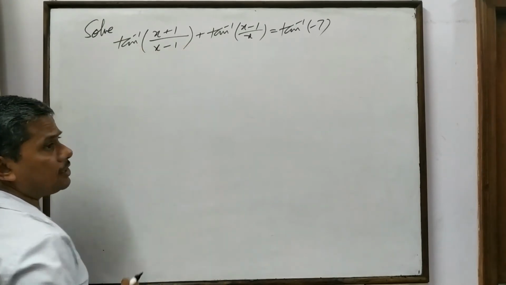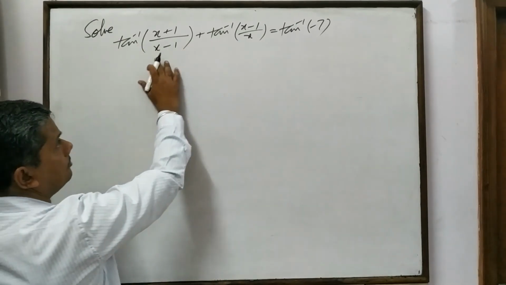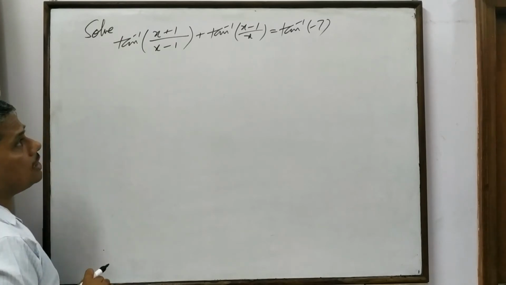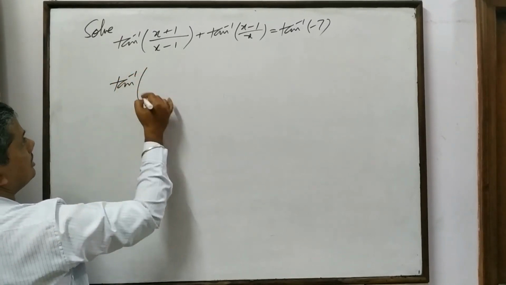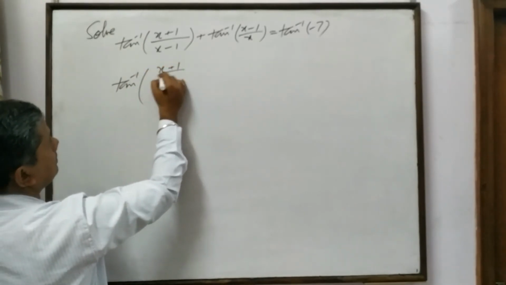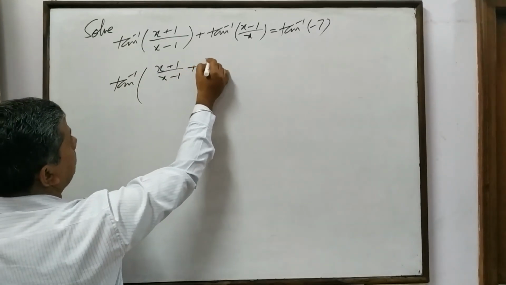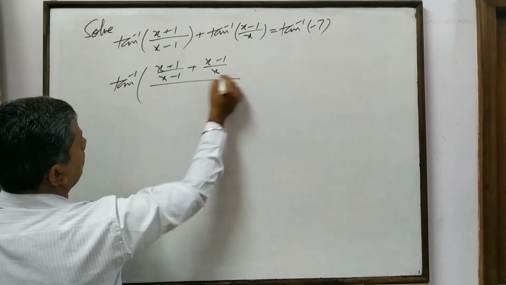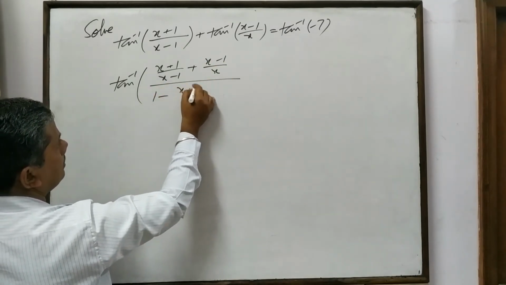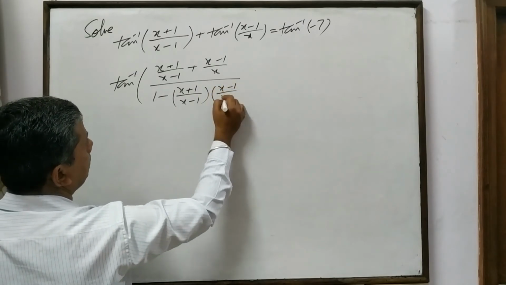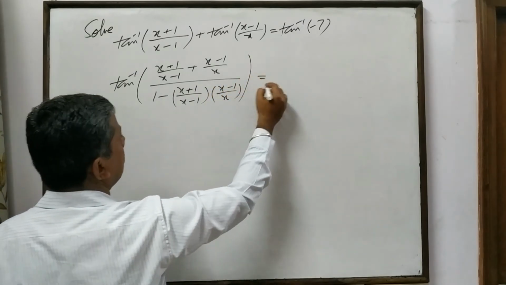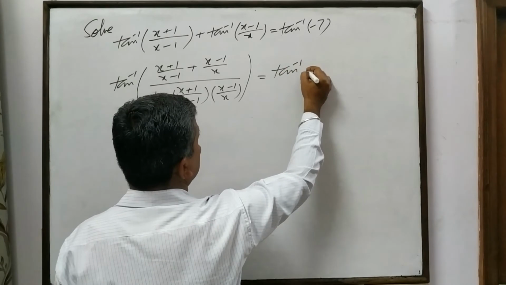सॉल्व मींस वी नीड टू फाइंड द वैल्यू ऑफ x. तो लेफ्ट हैंड पे हम क्या करेंगे? We'll use the formula tan inverse x plus tan inverse y. The formula is tan inverse x plus tan inverse y is x plus y upon 1 minus x into y is equal to tan inverse minus 7.